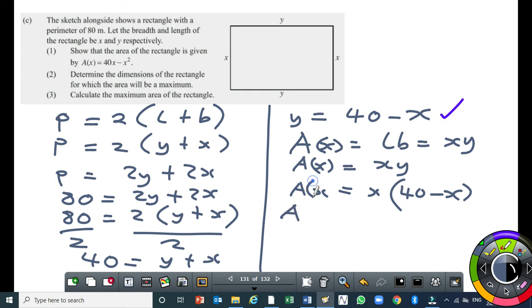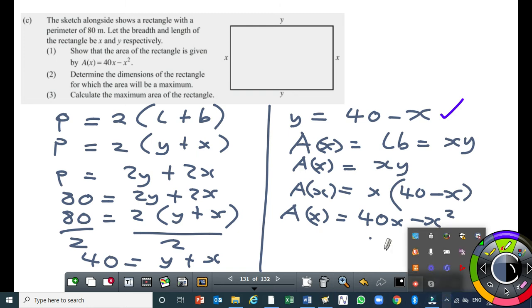So this becomes A(x) equal to 40x minus x squared, which is what we have there. All right, so I have found the expression which I'm supposed to show is equal to that.